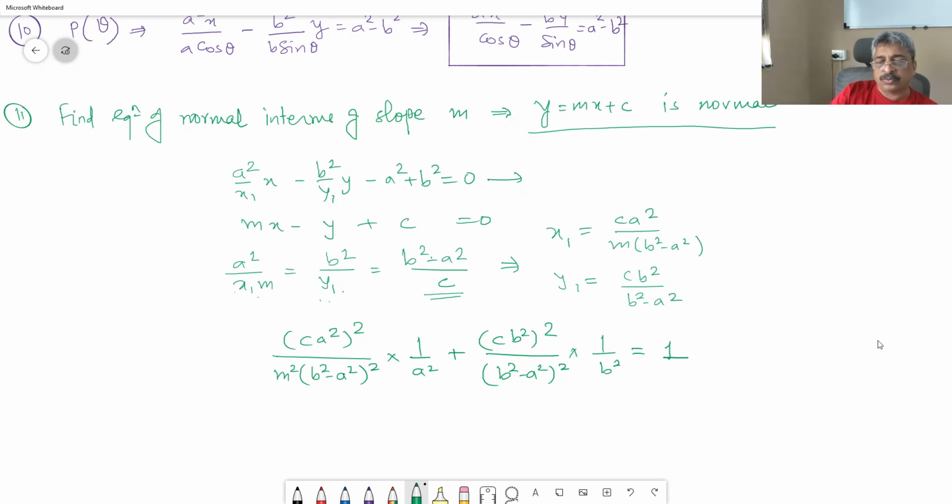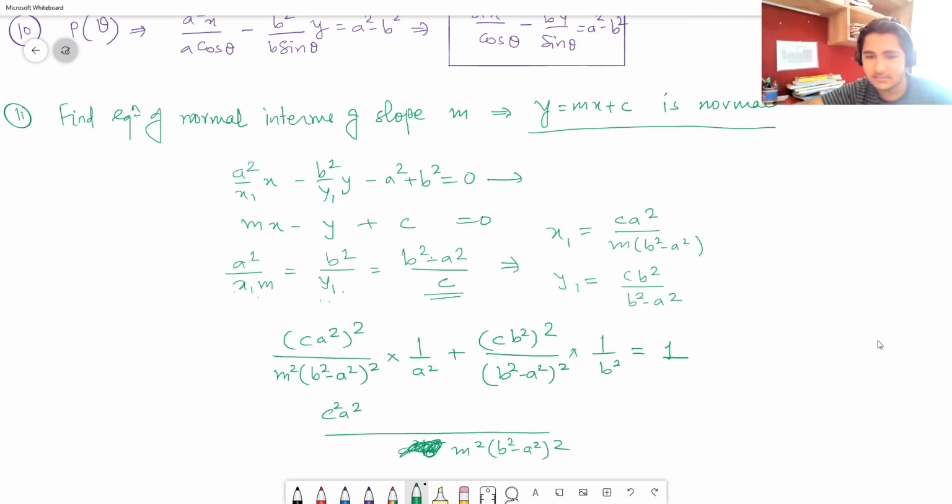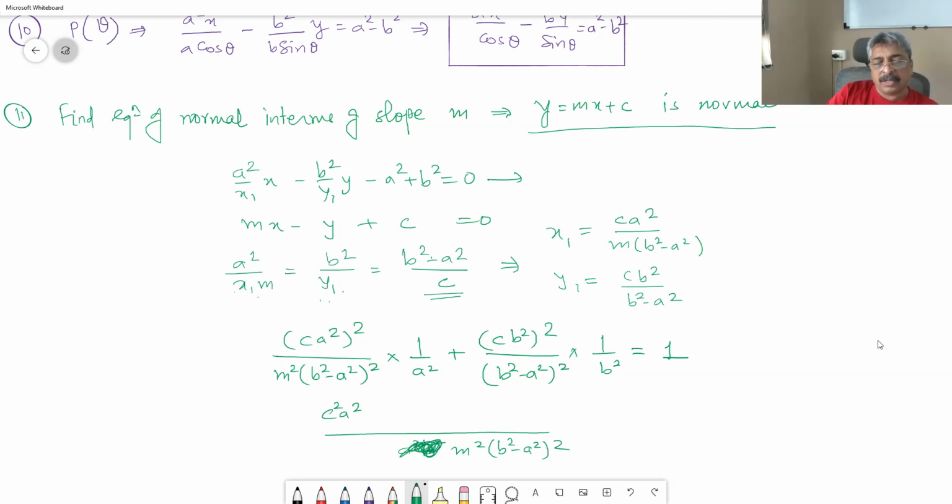So what is the simplification? c square a square, a square is 1. Denominator of everything you can make a square b square m square into b square minus a square bracket square. If this is our LCM, then c square a square from here, a square b square cut to 1.